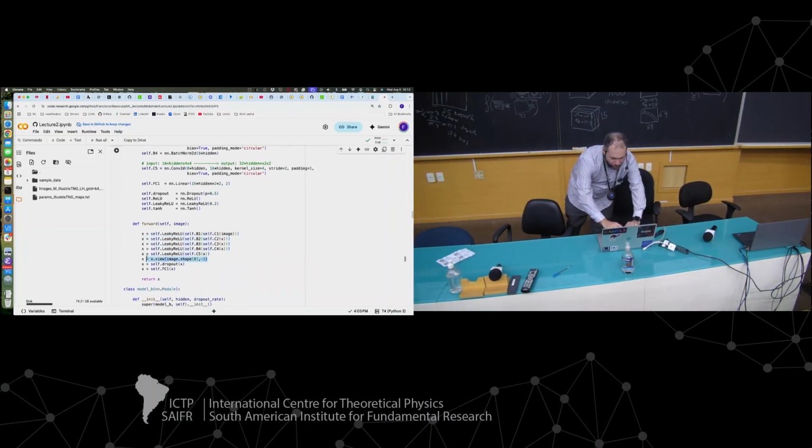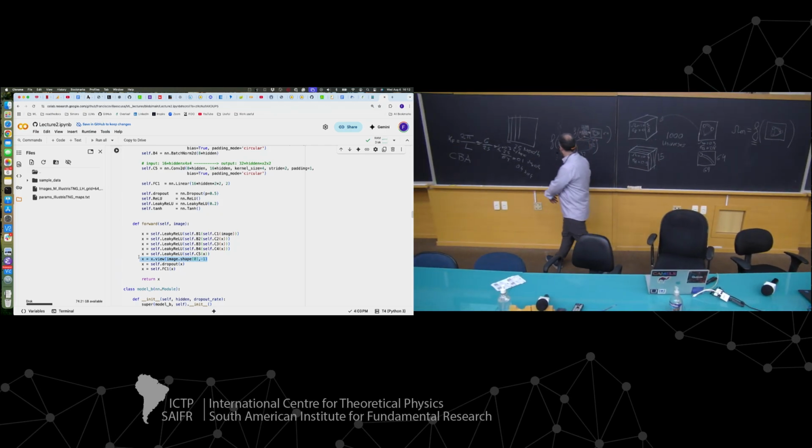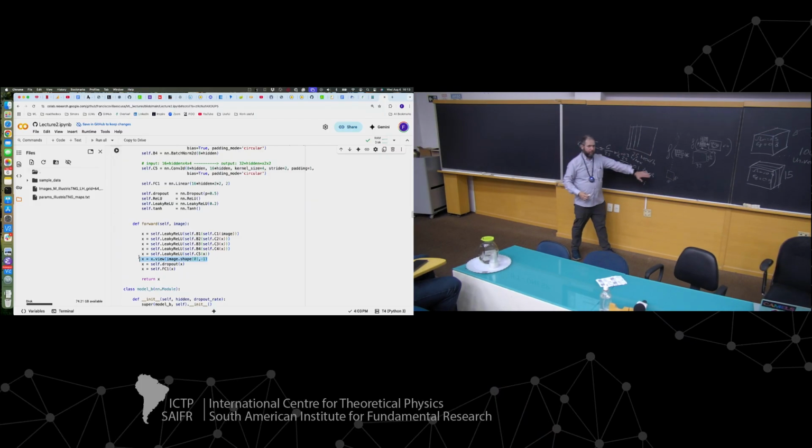And then, at some point, your image will be small enough. Maybe after doing all these things, your image is only going to be, let's say, 8 by 8. So 8 by 8 is only 64. This is maybe small enough, so we can already train a fully connected layer on this. So what we do is we flatten this.